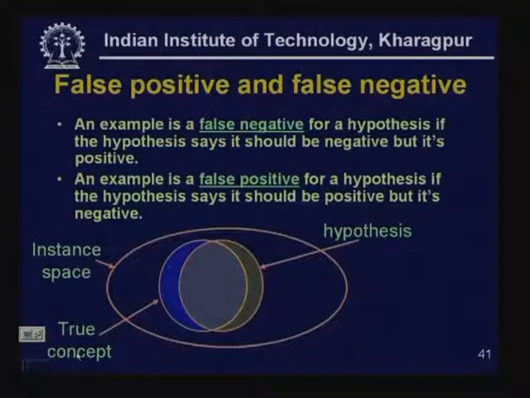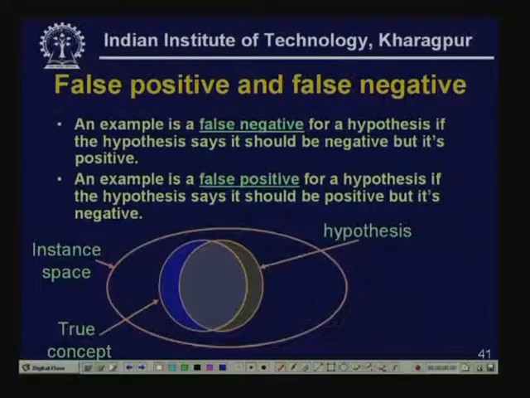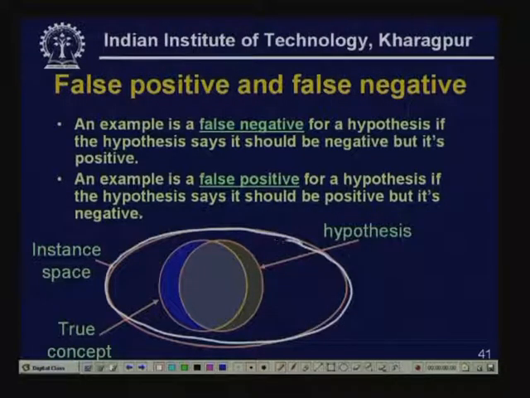Now, let us look at this diagram. Suppose this one is the instance space which consists of all possible examples, and suppose this is the true function f that our system is trying to learn. This is f.